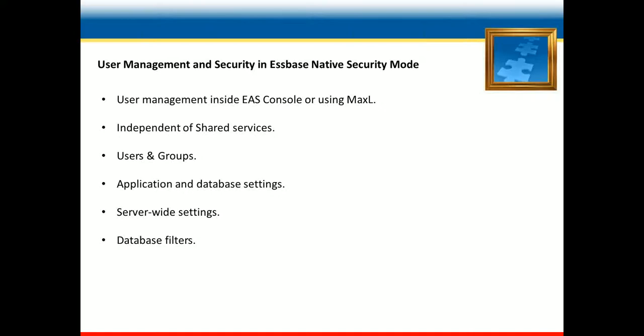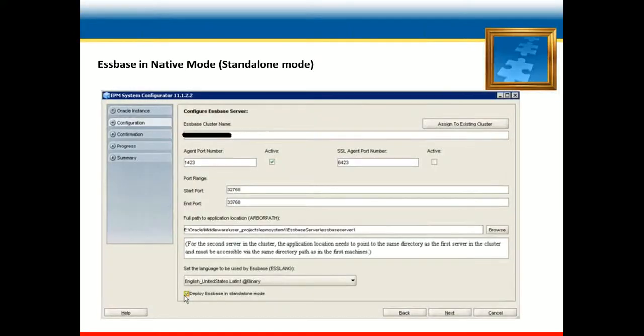There are the same things we already saw in previous slides, like users and groups, application and database settings, server-wide settings, database filters. So all these artifacts can be managed independently of shared services.